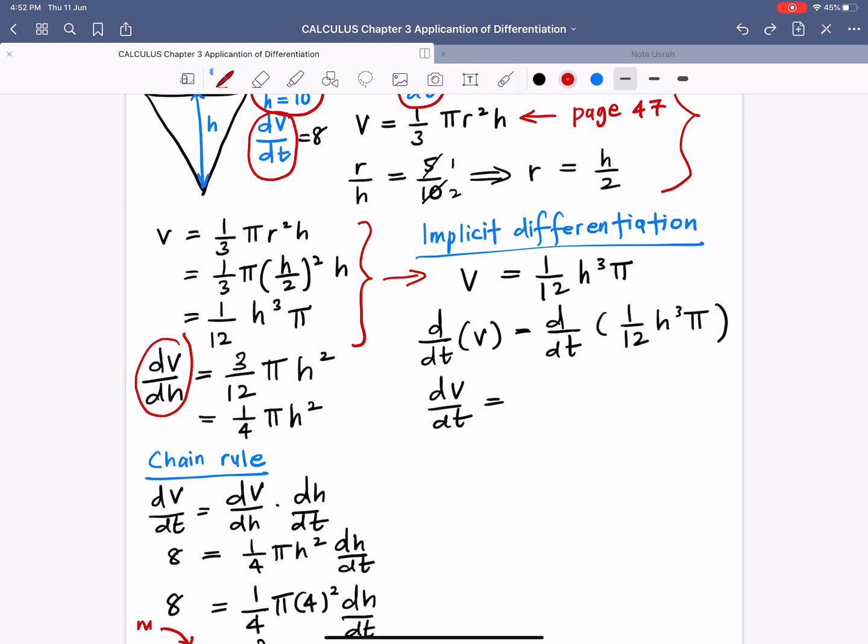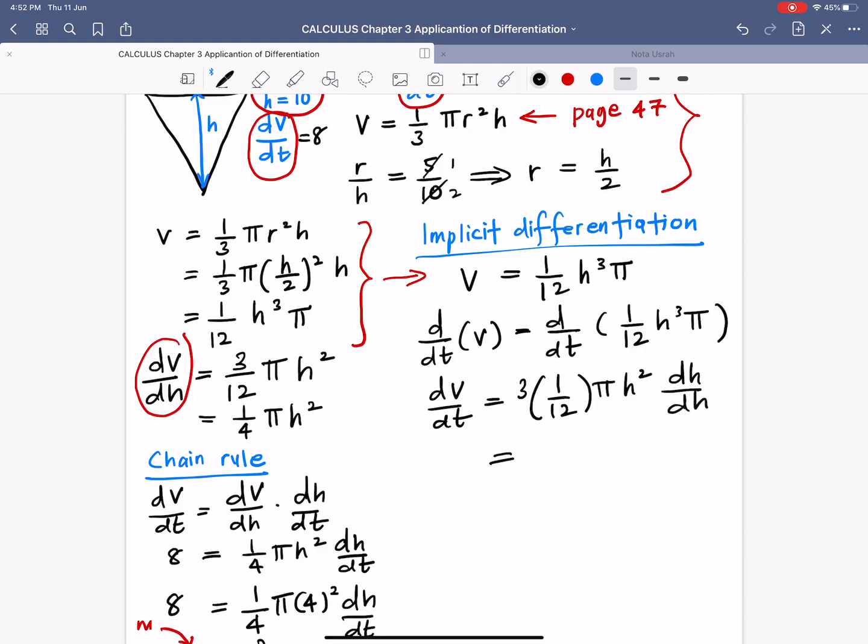But what happened? You will have 3 times 1 over 12 pi h square, and because we want to differentiate with respect to t, you need to multiply it with dh/dt.